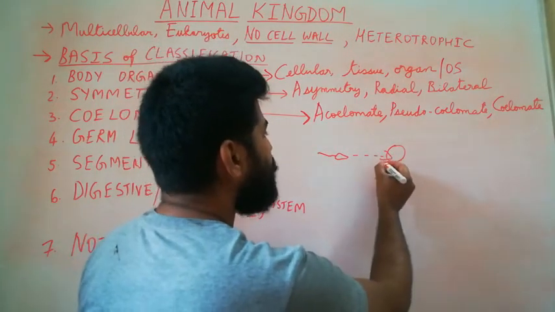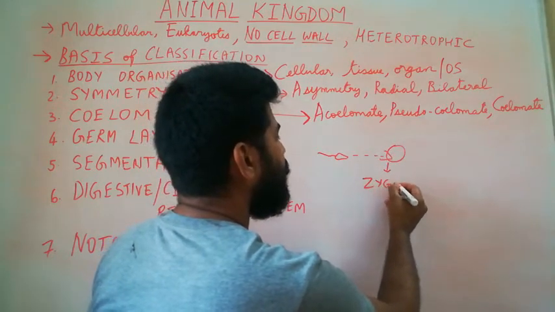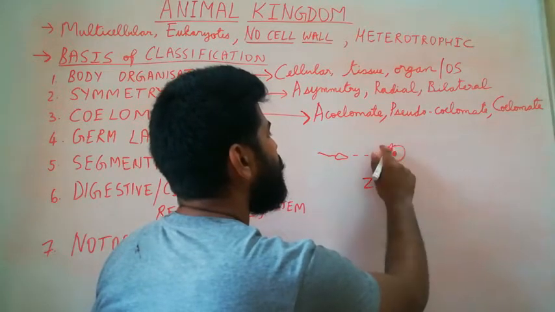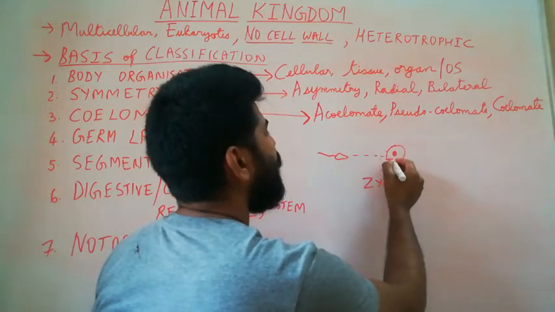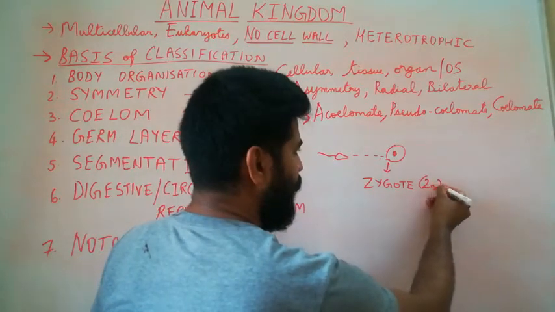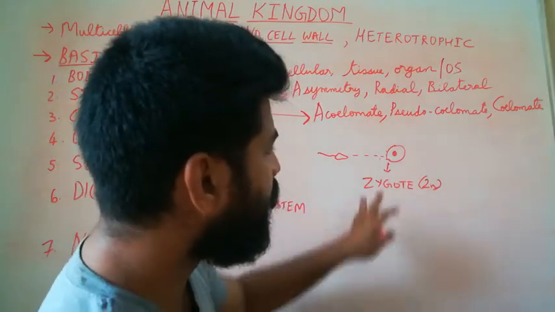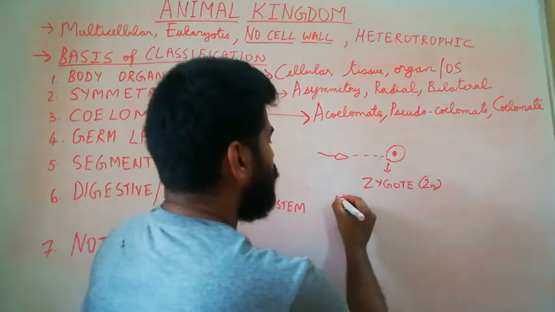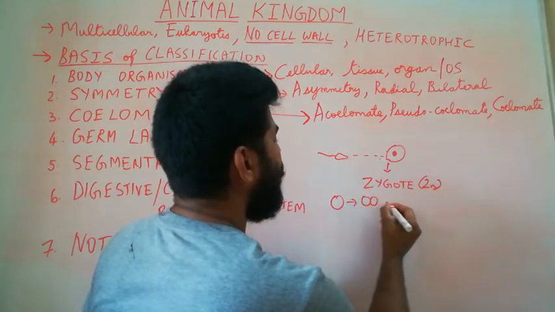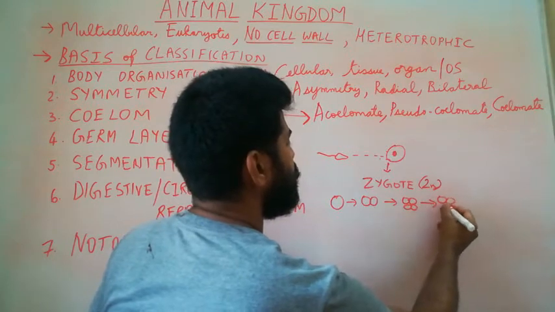On fertilization of the egg, we get a single celled zygote. So the egg is now converted into a zygote, which is diploid. It contains the full set of chromosomes. Over the next few days, this zygote will divide into a bundle of cells.